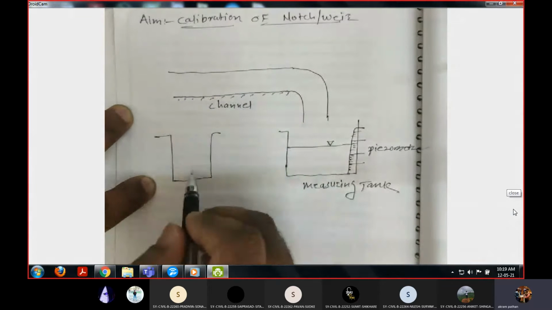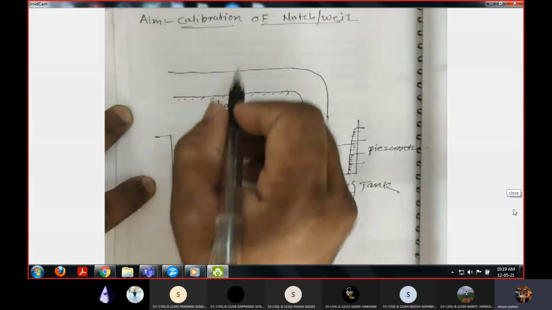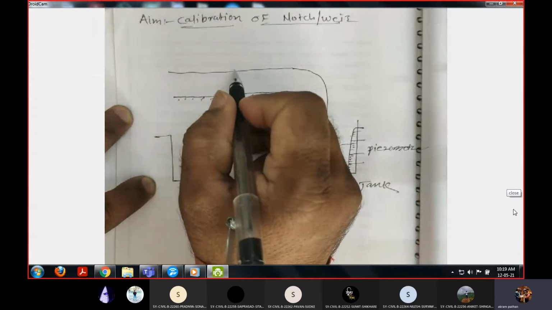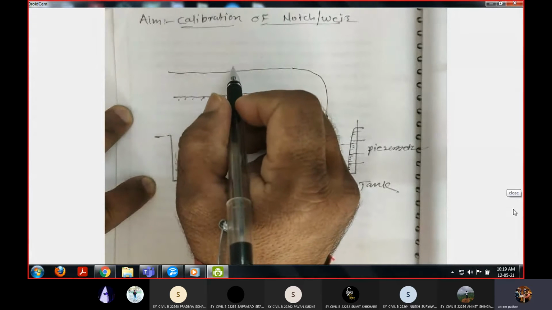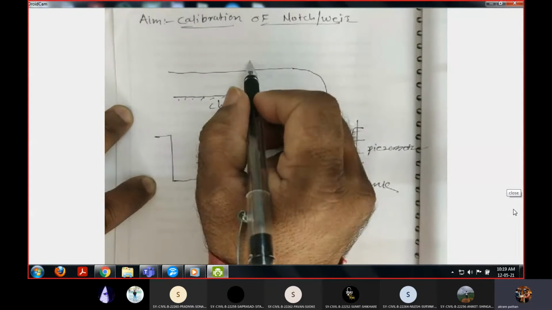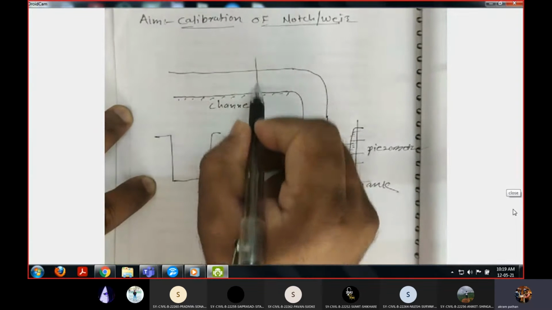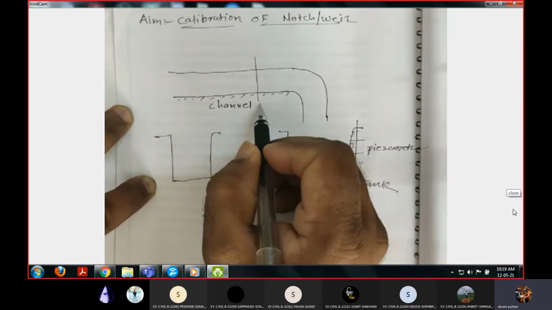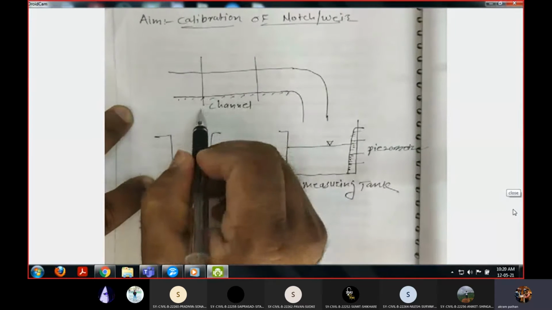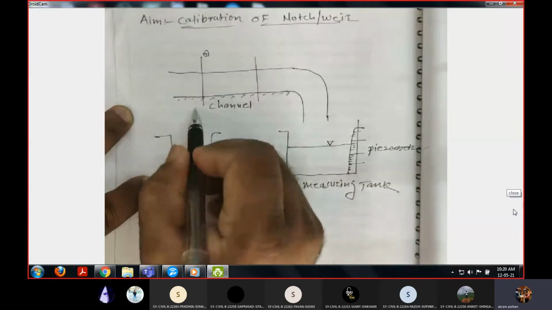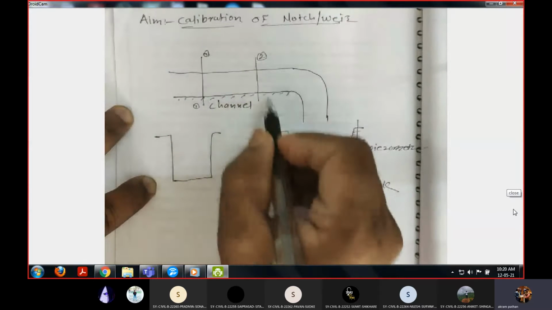We have to fix this notch or weir anywhere in the channel section. For example, if you want to measure the discharge at this particular location or at this particular location, this is section 1-1 and this is section 2-2.